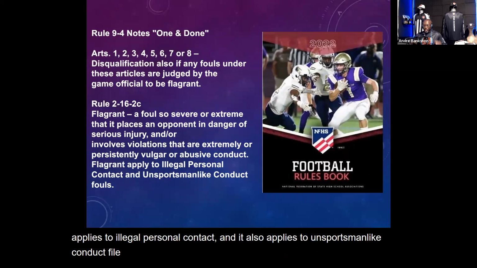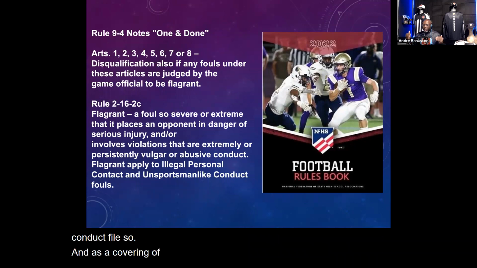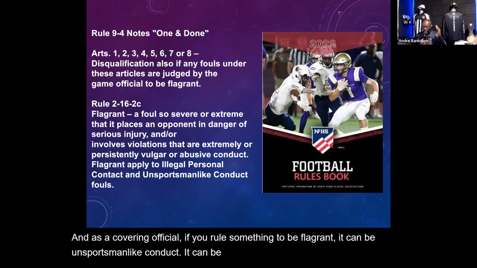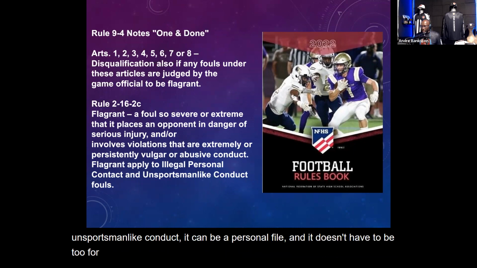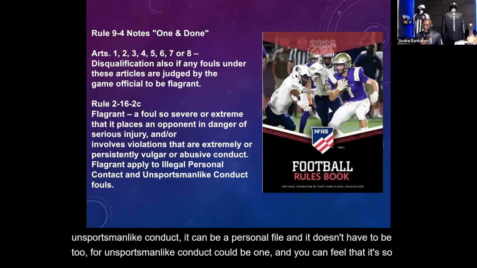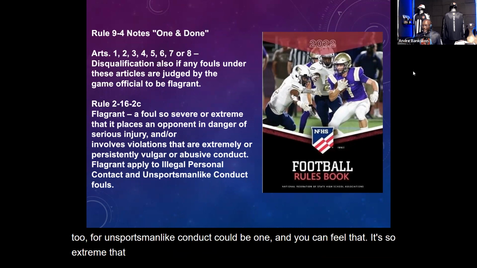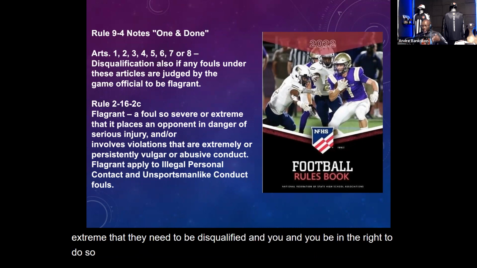So, as a covering official, if you rule something to be flagrant, it can be unsportsmanlike conduct, it can be a personal foul, and it doesn't have to be 2 for unsportsmanlike conduct. It can be 1, and you can feel that it's so extreme that they need to be disqualified, and you would be in the right to do so because you ruled it to be a flagrant foul.